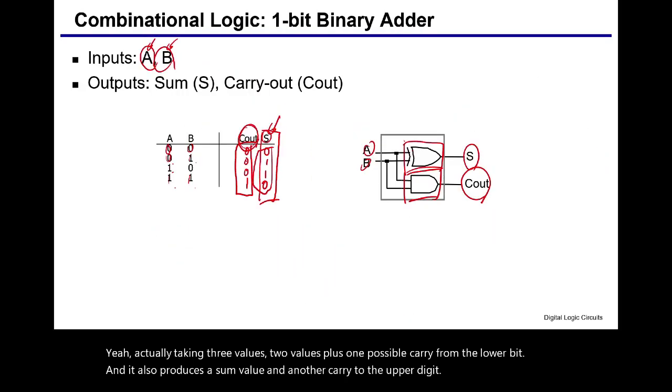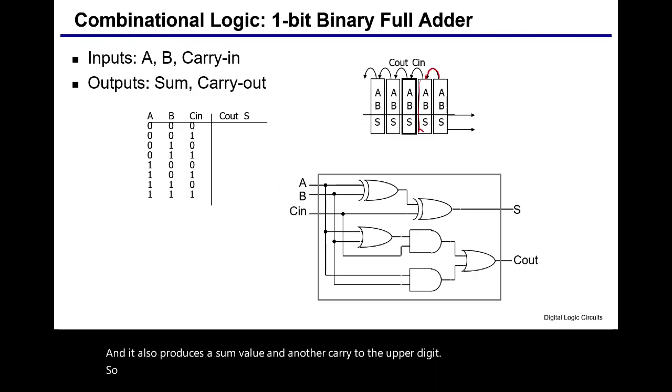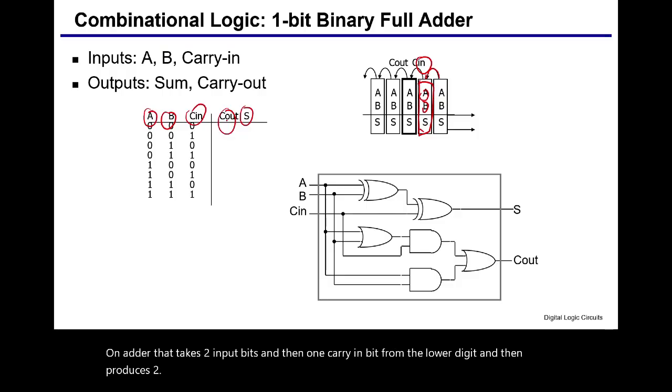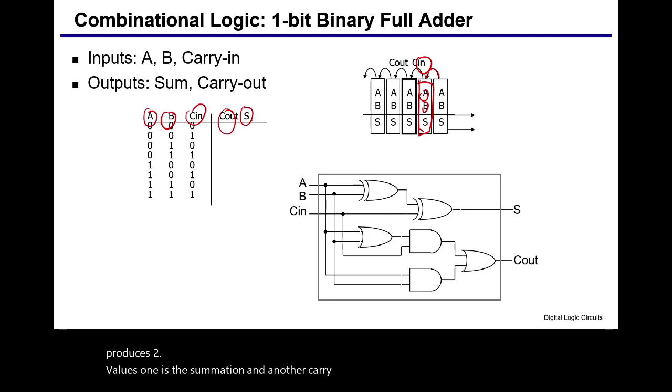So when we want to build a full adder, we need to create an adder that takes two input bits and then one carry in bit from the lower digit, and then produces two values. One is the summation and another carry out that goes to the upper digit.